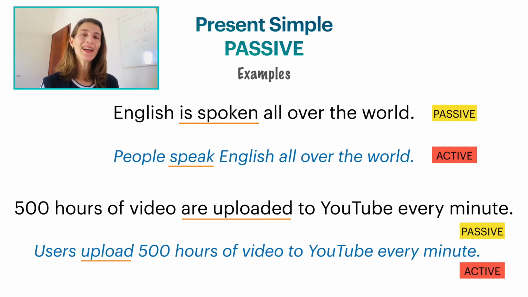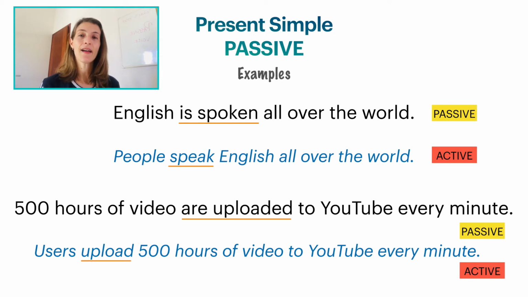Okay? So, what can you notice in the verbs? ¿Qué pueden observar en los verbos? Fíjense que en la voz pasiva el verbo está compuesto del verbo to be, ¿sí? La estructura verbal está compuesta del verbo to be, is, and the verb in the third form, spoken.